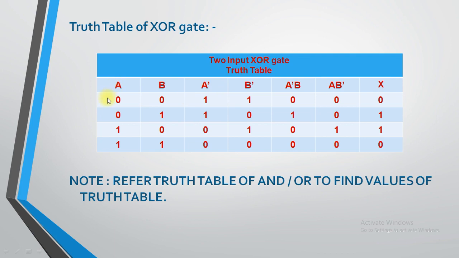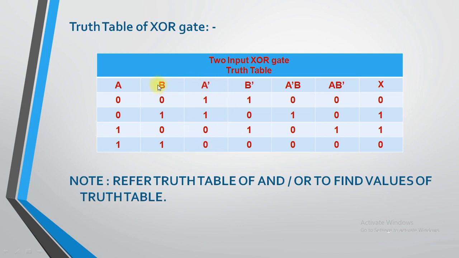So you need to focus on this particular value of the A column, 0, 0, 1, 1. So A dash will be the opposite of A. So instead of 0, 0, you will get 1, 1. And instead of 1, 1, you will get 0, 0. So in this way you can find the value of A dash.